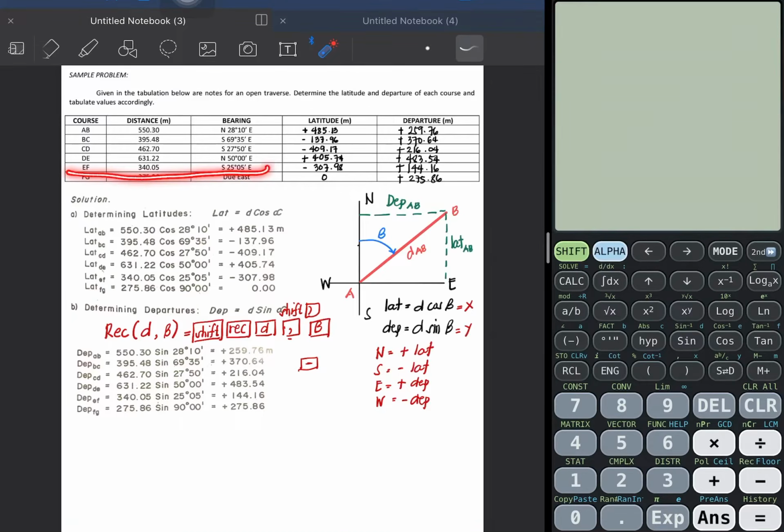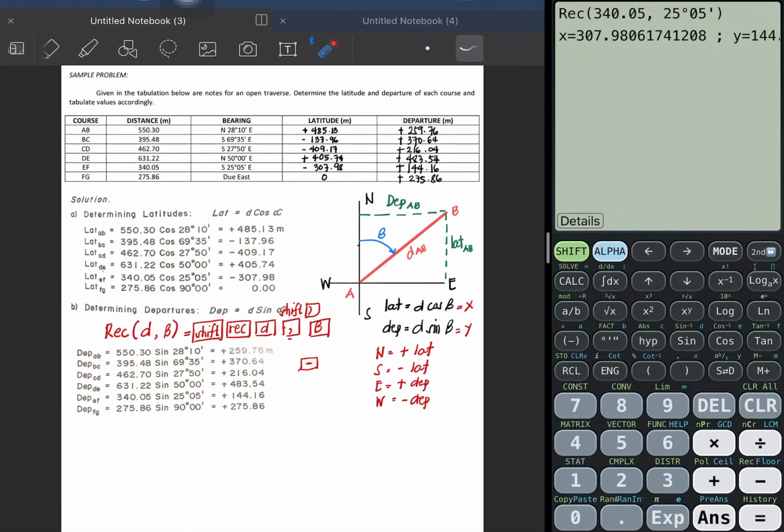Let's try another data to solve for latitude and departure using the rectangular function. Let's have line EF. Shift, look for the Rec function, and then enter the distance 340.05, then comma, that is shift, close parenthesis, and then enter the angle 25 degrees 05 minutes. So you have your answer, 307, negative since that is south.